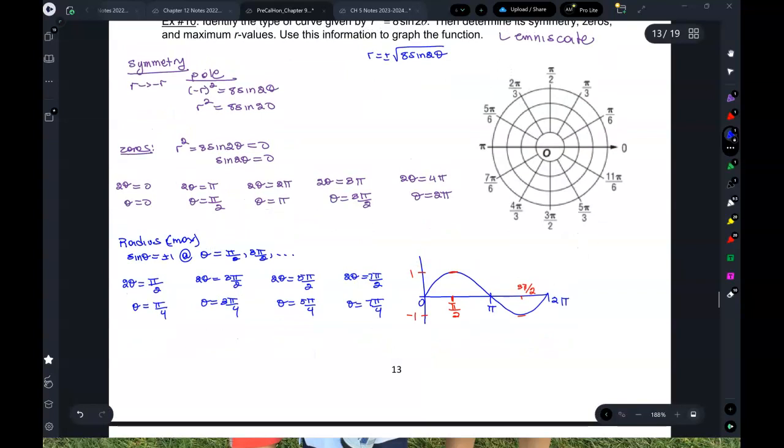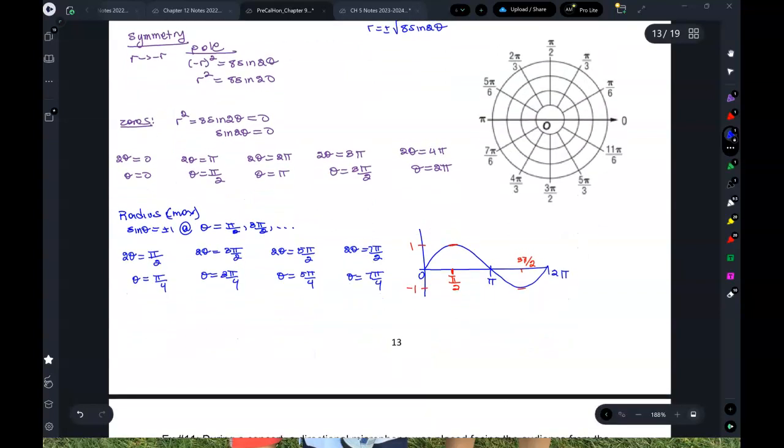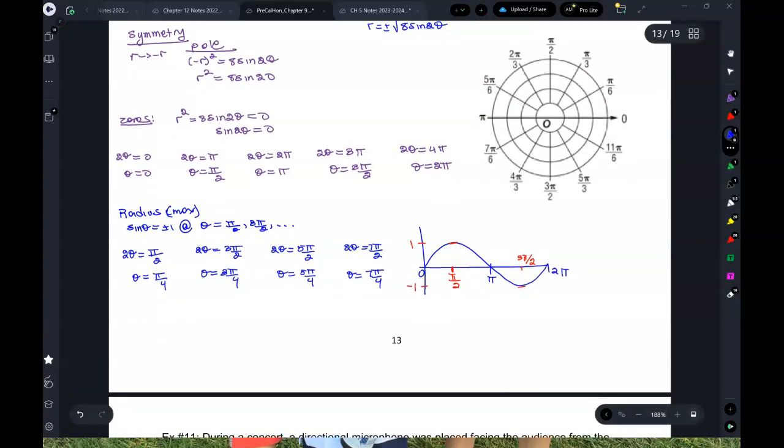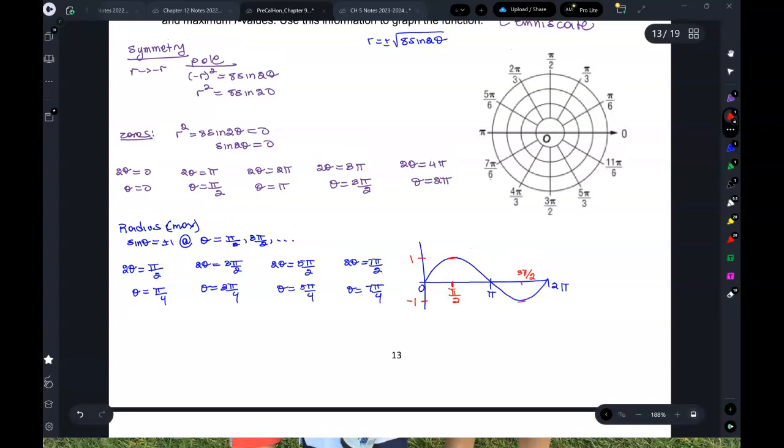Okay, now, let's see. Do all of these functions work in that? Or do half of them not work in there? So when I have pi over 4 and I plug it into this function up there, I get 8 sine of what?